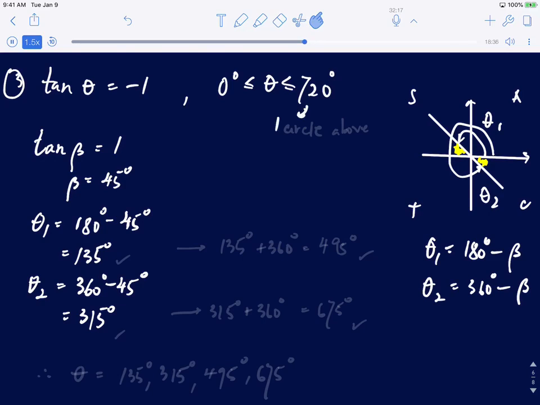Okay, so this is one circle, counterclockwise. Okay, so we're going to add plus 360 to 135 and 315 plus 360. So I'm getting 495 and 675.